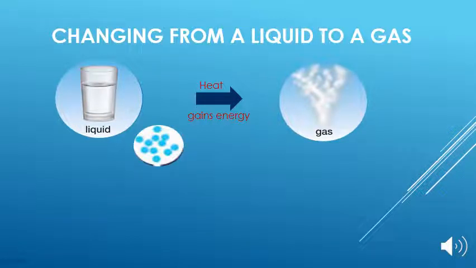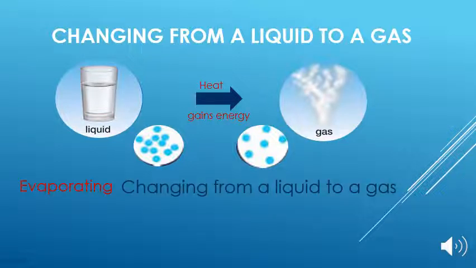Here they have spaces and they can move, but when they change into a gas, they have more spaces and more energy. They move freely. We call this process evaporating. Evaporating means changing from a liquid to a gas.